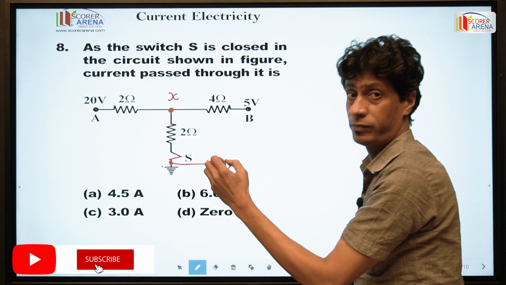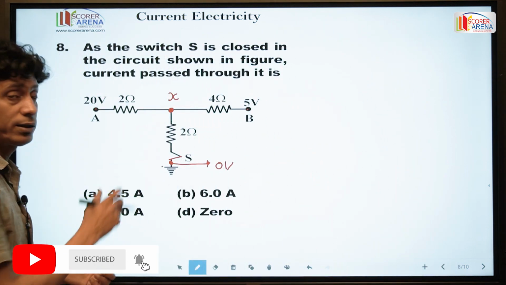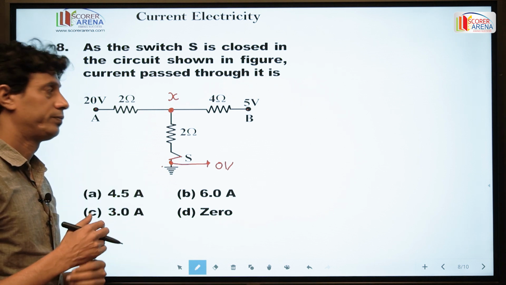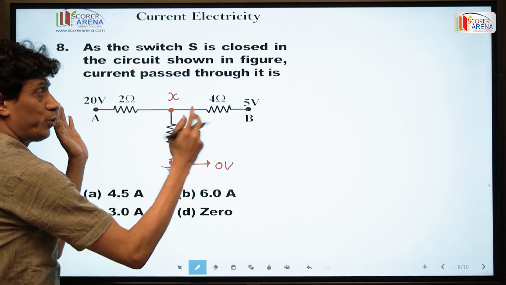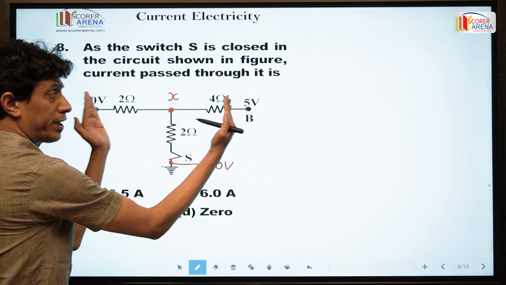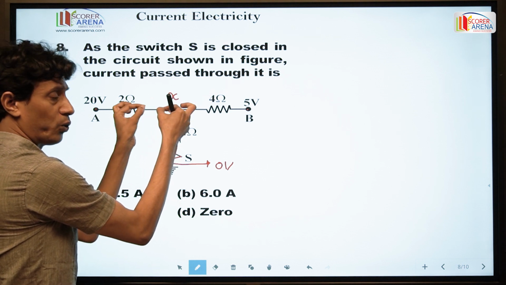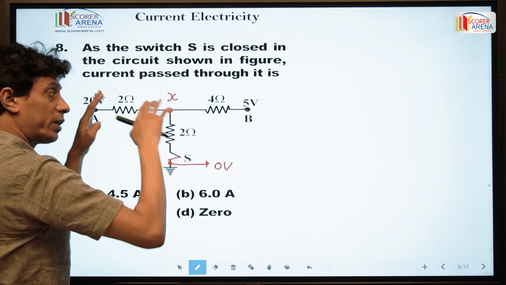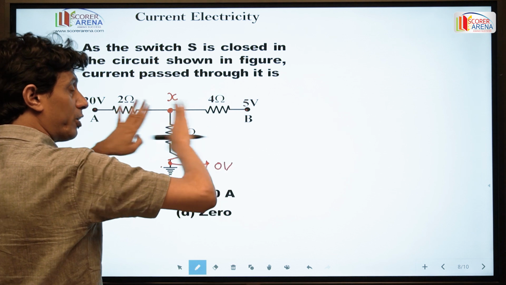Here, through the nodal method, with the help of Kirchhoff current law, either you have to take all the current entering into this unknown potential node through all branches, or you have to take all the current leaving the node.